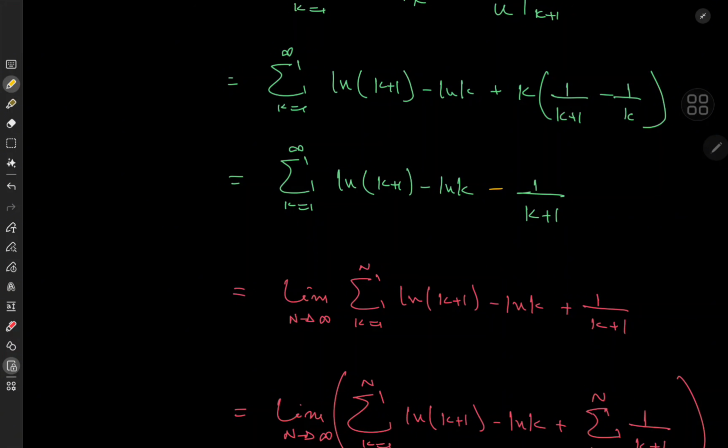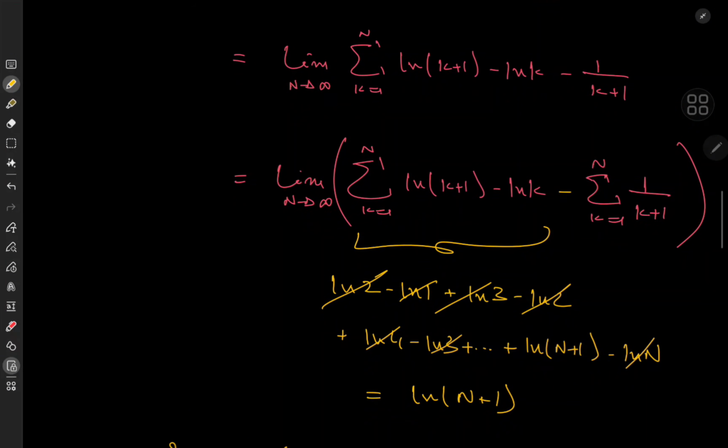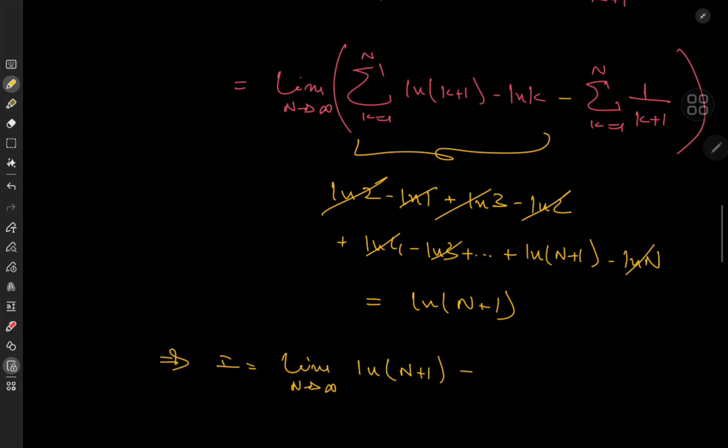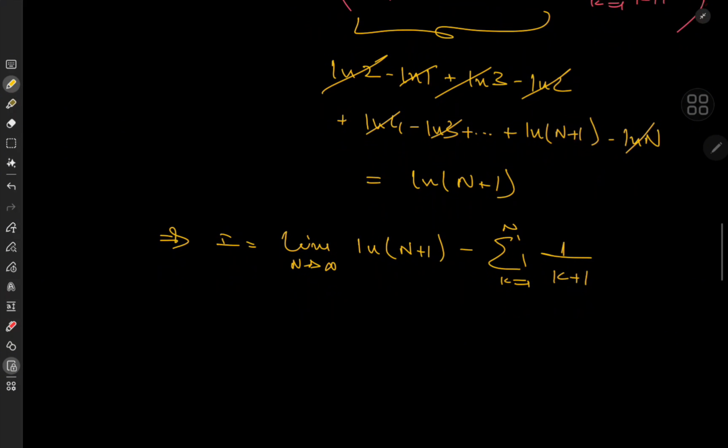So there's a negative here. So now what we have is minus the sum over k from 1 to n of 1 over k plus 1, which looks absolutely dope.